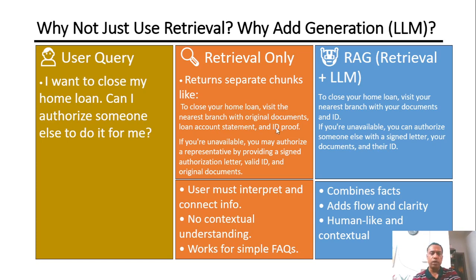If you are unavailable, you can authorize someone else with a signed letter, your documents, and their ID. Right? So it combines all the factual information and gives us more flow, clarity, and a more human centric and contextual response. That is the advantage of using a combination of retrieval plus LLMs.